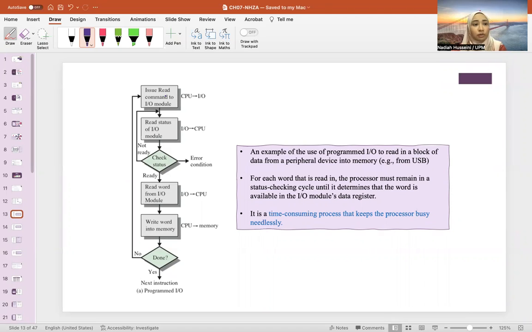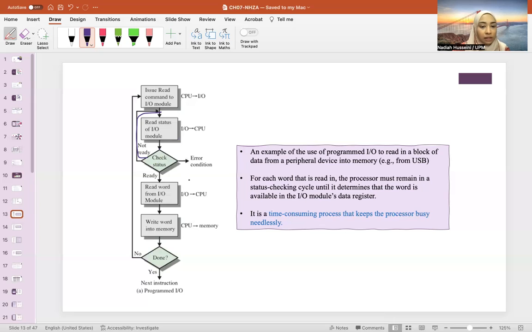The IO module basically looks at the status of the peripheral device. If the peripheral device is not ready, then the IO module also tells the CPU, hey, I'm also not ready. Not ready, go back over here. Not ready, go back over here. So it wastes the processor's time. And then when the peripheral device is ready, the IO module tests again and receives a good status condition, and only then can the IO module report a good status to the CPU as well.